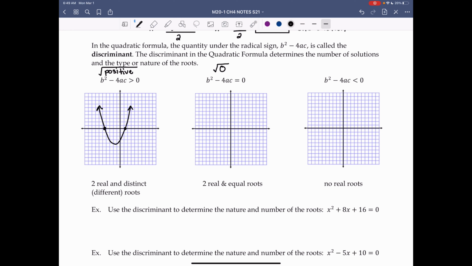If it opens up, our quadratic might look like this, and if it opens down, it could look like this. And again, as we saw in 4.1, if we have one solution or one x-intercept for a parabola, then it's going to be at the vertex.